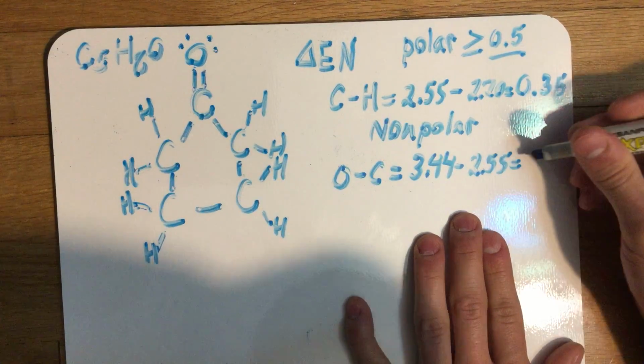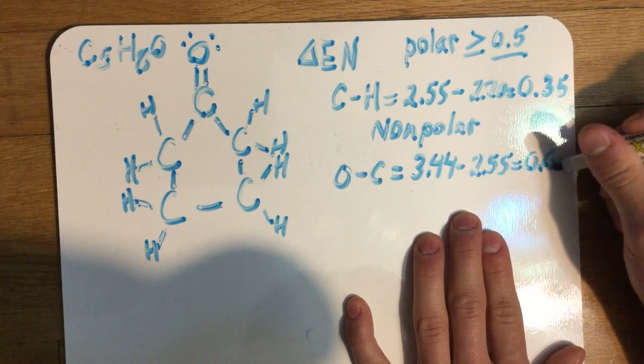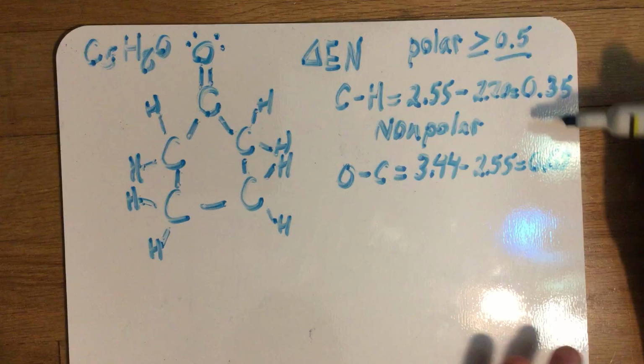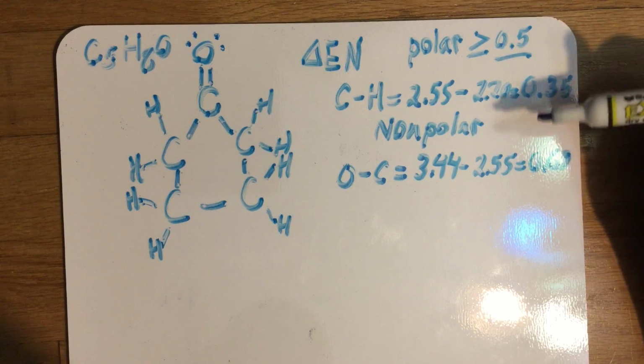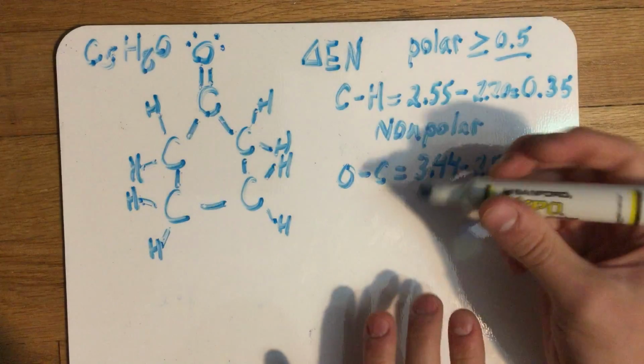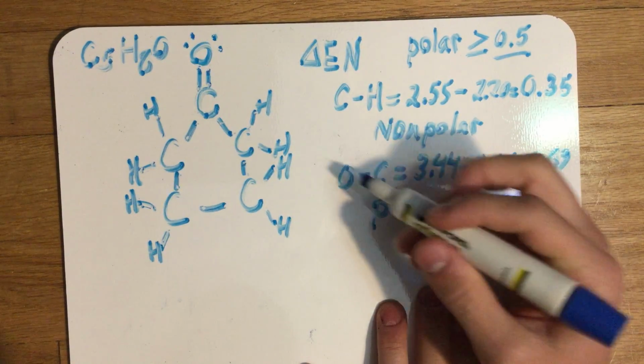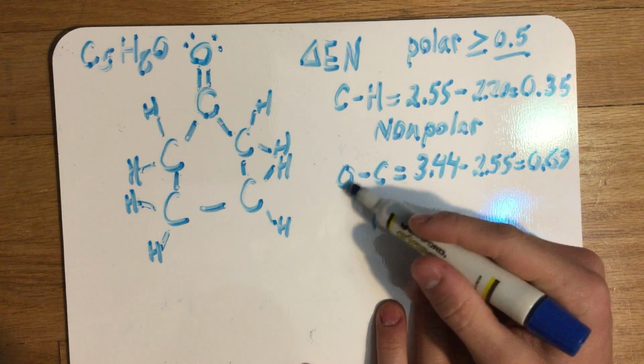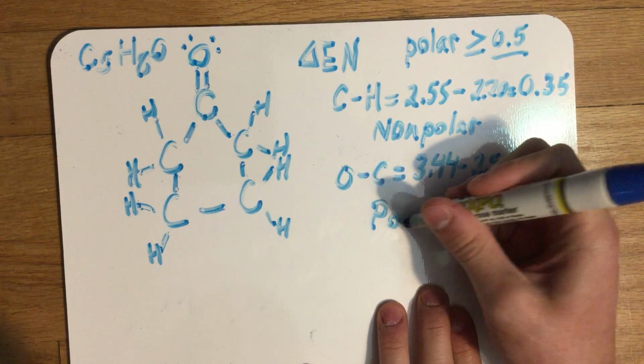When doing so, you get 0.89. And again, looking up here, is 0.89 bigger than 0.5? Heck yeah, it is. So that makes the bond between oxygen and carbon a polar covalent bond.